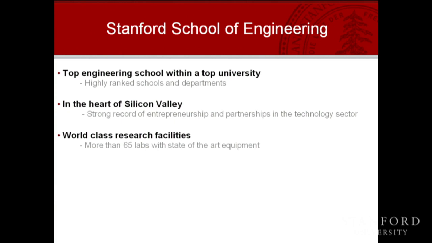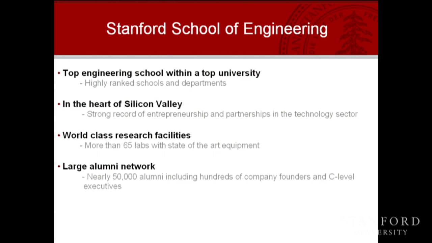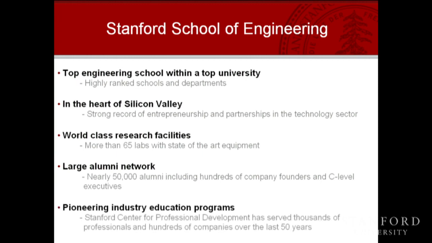Like I referenced in the last slide, we have 5,000 plus research projects going on on campus. And so we have some great labs with state-of-the-art equipment here. There is a large alumni network, which hopefully many of you will be affiliated with when you have finished up your programs here.